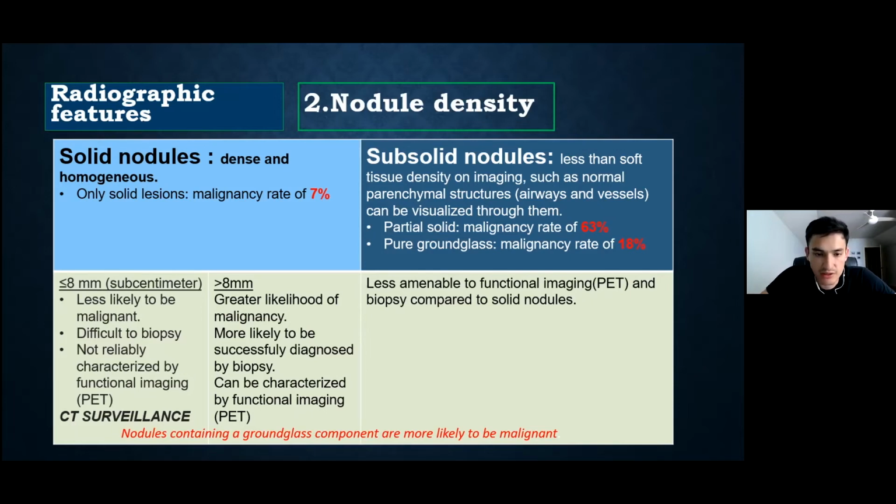If the solid nodule is more than 8 millimeters, then it's most likely to be successfully diagnosed by biopsy and characterized by functional imaging or PET. And subsolid nodules are also less amenable to PET and biopsy compared to solid nodules.